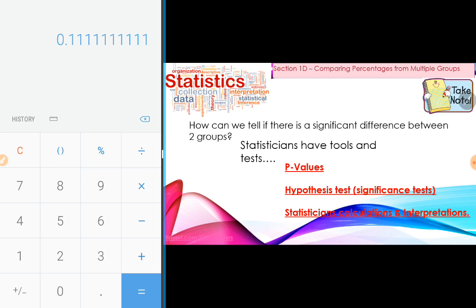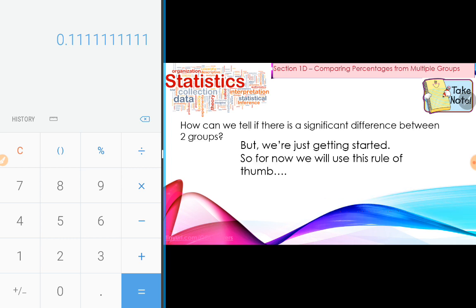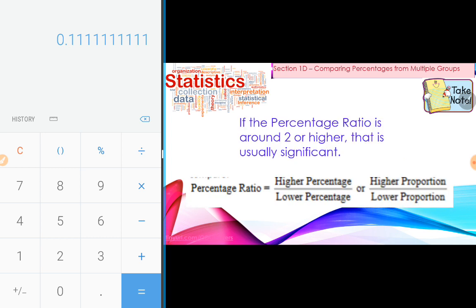If we were statisticians, we would have fancy tools and tests and p-values and be able to answer that more officially. But since we're just getting started, we're going to use this basic rule of thumb called the percentage ratio. The percentage ratio means I'm going to take those two percentages and find out what the ratio between them is.